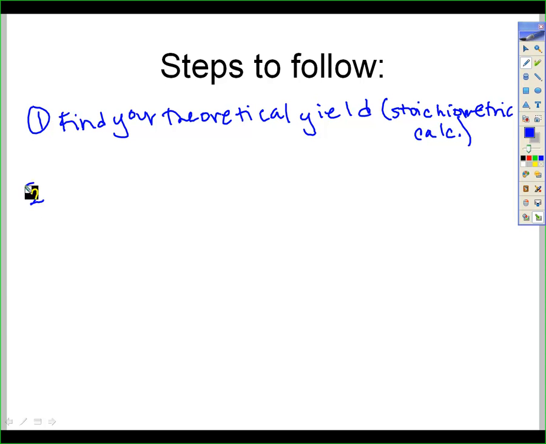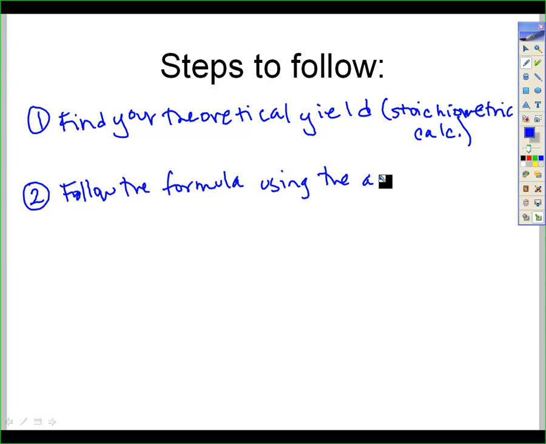Then you simply follow the formula using the actual yield given. It'll be given to you in the problem, and you just plug it in and find your percent yield. Easy.